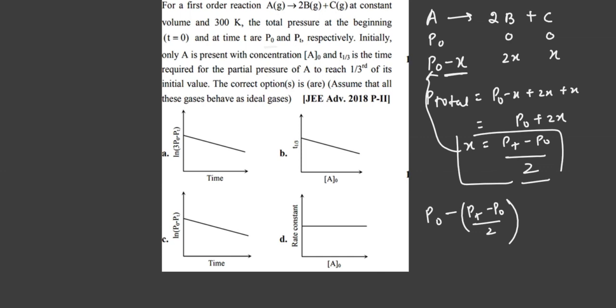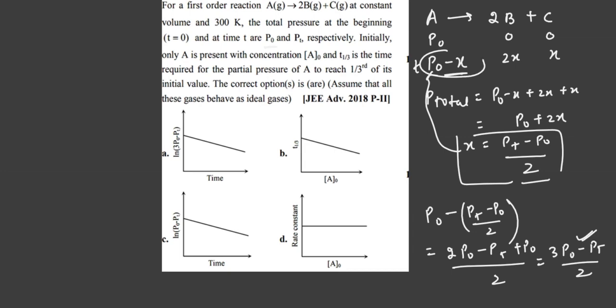So this is the pressure of A after time T. When I solve, I will get (2P naught minus PT plus P naught) upon 2, that is (3P naught minus PT) upon 2. Okay, so this is the pressure of A at time T, and this is the pressure at time 0.